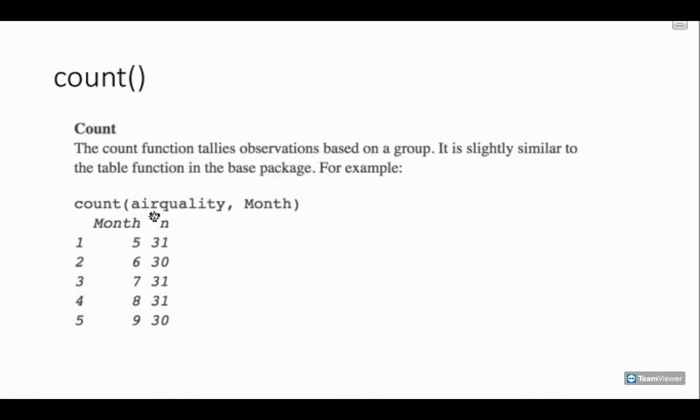So if you say count air quality, and you give it what to count, and here you're giving it the month, it's going to give you the number of observations for each month. So within the air quality data set, there is only data for these 5 months. So it's going to give those 5 months and the number of observations there are for that month in that data set over here as n.